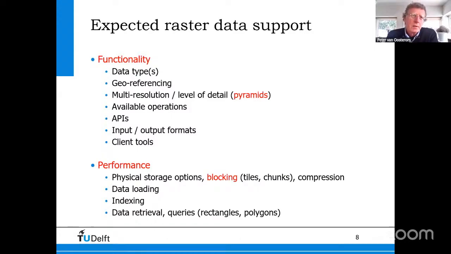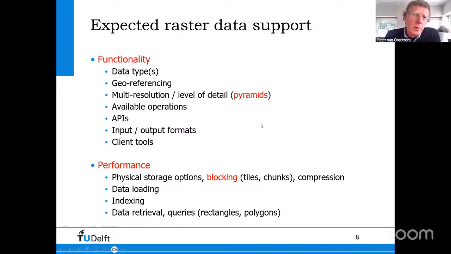So what functionality? The data types, georeferencing, of course, the location. Raster data can be quite voluminous and detailed. And if you then zoom out, you want to have an overview. So that has to do with a kind of data pyramid, where the higher you go, the coarser the image gets, but that is fine for an overview on your screen.